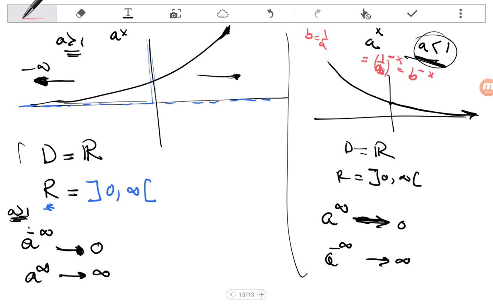If I say that b is 1 over a, in this case I will have b greater than 1. So this is just the negative exponential. But when I say a positive exponential or negative exponential, I mean the case for which a is greater than 1. Okay, so we have learned these two forms of the exponential function.